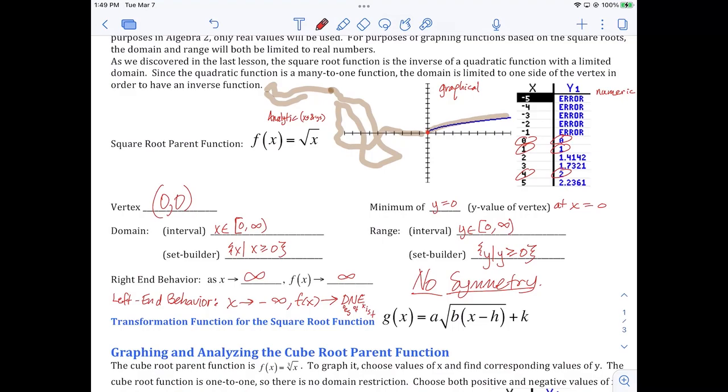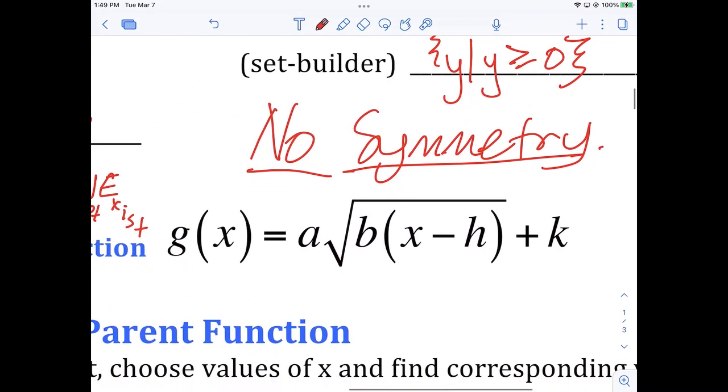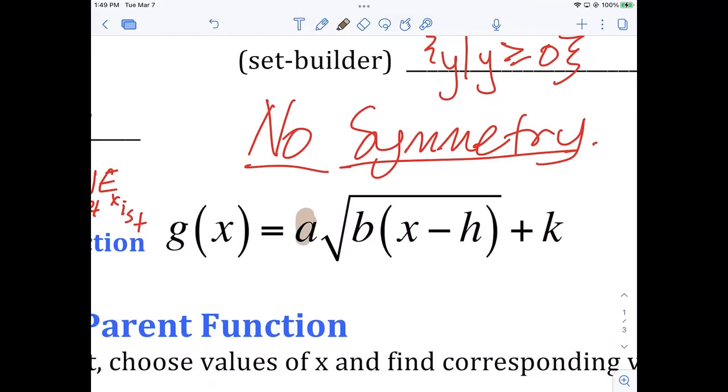The standard transformation form is this. This is the same thing that we have for every single function. We have a and k on the outside, right? This is outside. I don't want to write it all out here, but we'll just say this is vertical dilation.